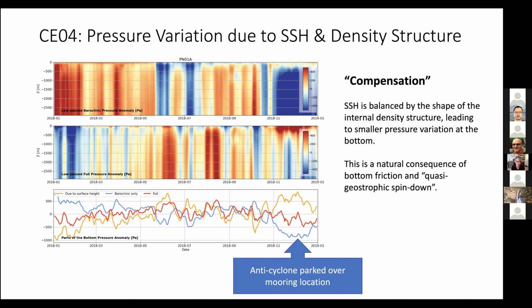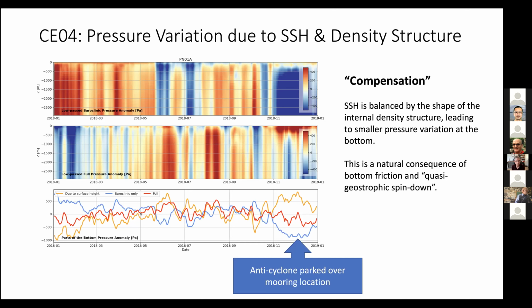It gets a little more high frequency variability, probably due to coastal trapped waves, and often changes sign. That's interesting. And then the bottom panel, just like in Alex's plots, looks at the bottom pressure, where the gold colored line is the part due to sea surface height.